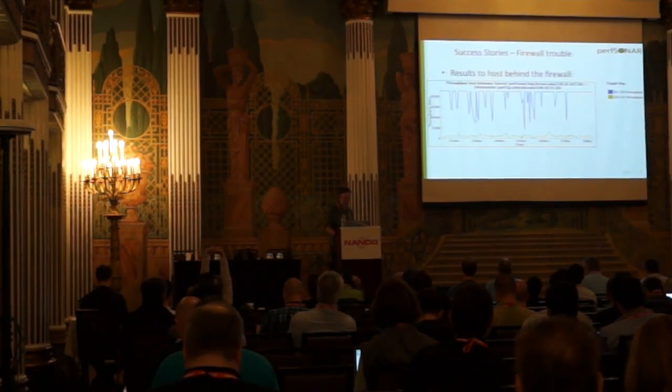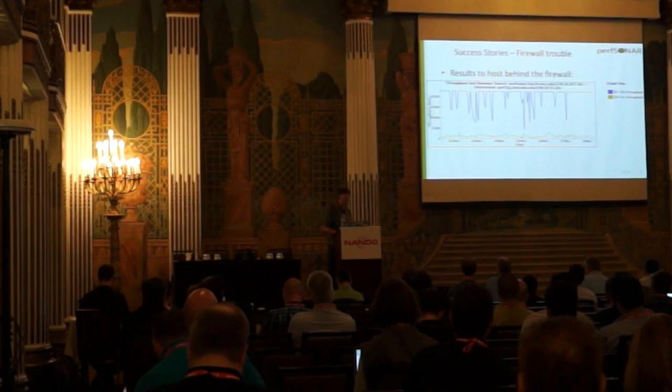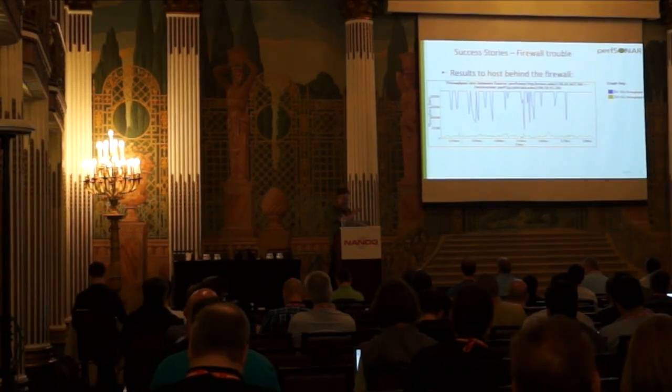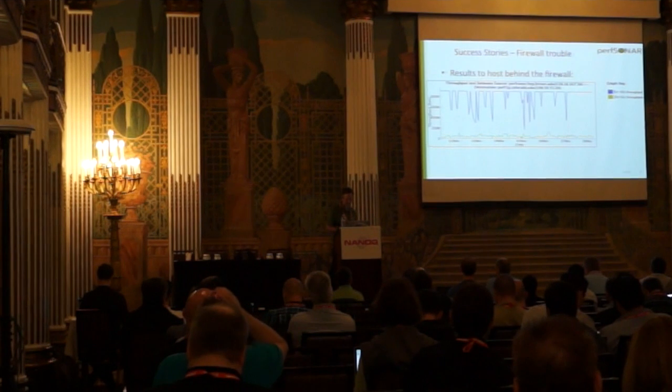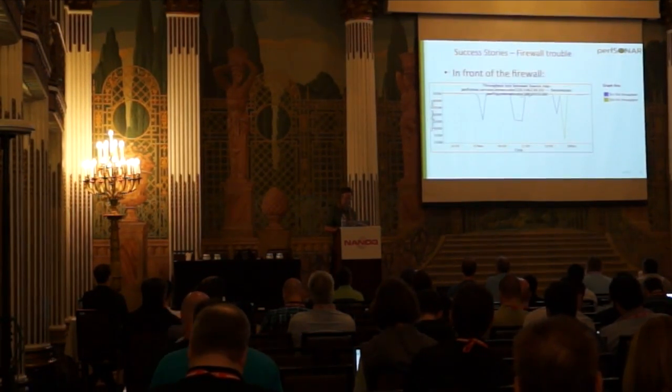I showed this graph already. One direction was just fine, the other direction was terrible. You can see this is less than 100 megabits on a 10 gigabit path, and that entire network in that last graph was all 10 gigabit. They were only able to get less than 100 megabits because of this firewall. So first of all, prove that everything's fine up until just before the firewall, and it is.